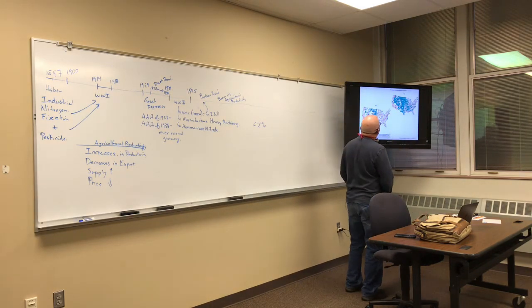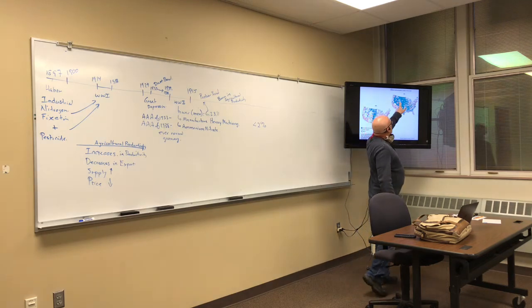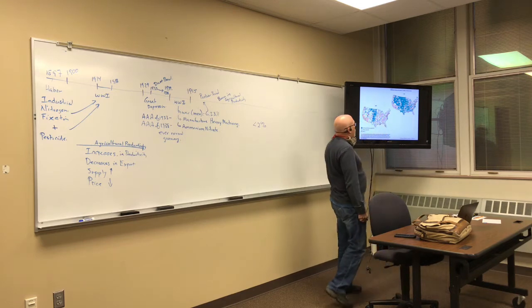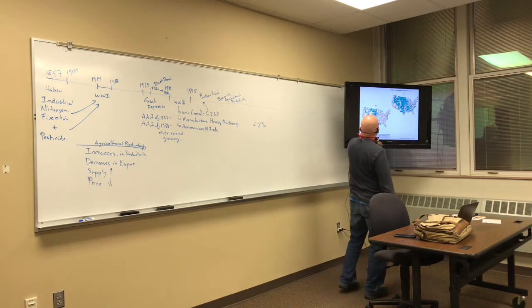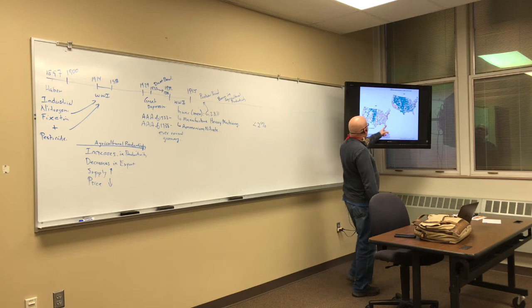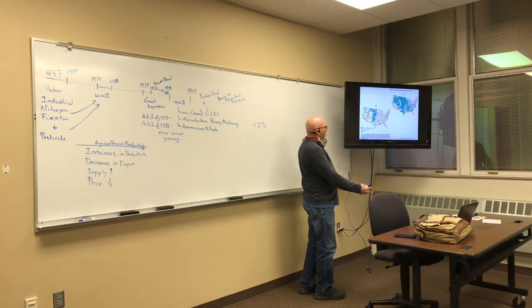So here you see non-metro farming communities, farming-dependent counties. So this is the U.S. map divided up by county, and it shows you non-metro farming-dependent and metropolitan areas. And you can basically see that the green areas, which is the non-metropolitan farming, have basically declined drastically.